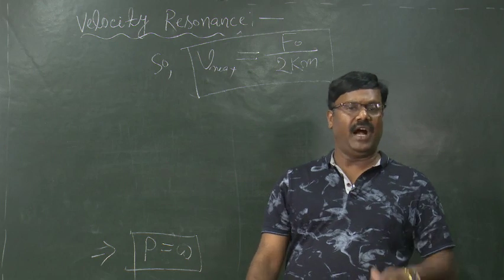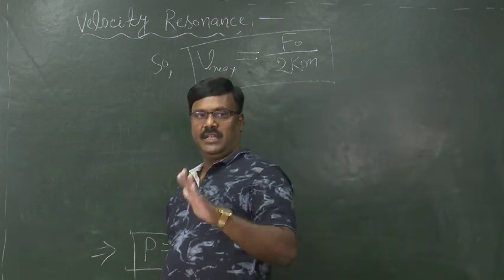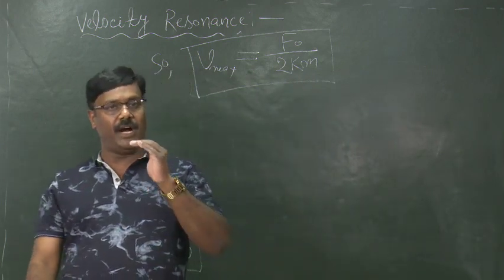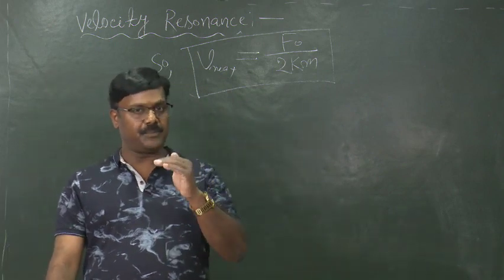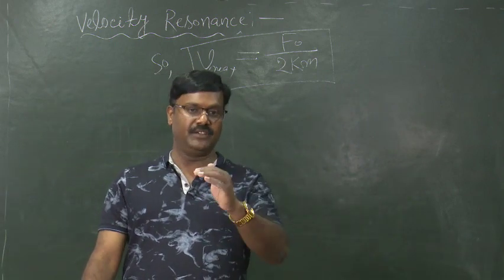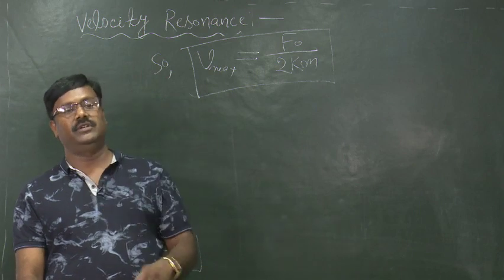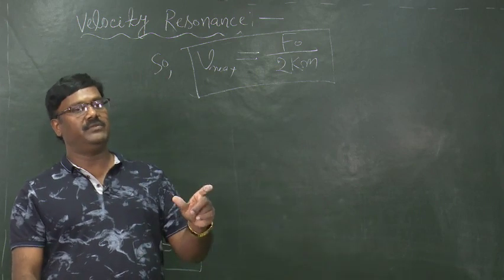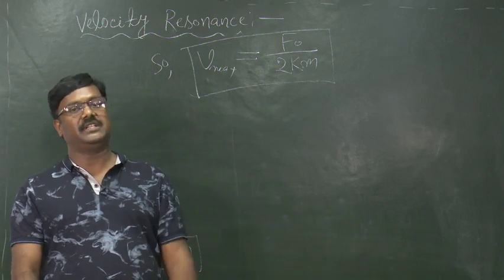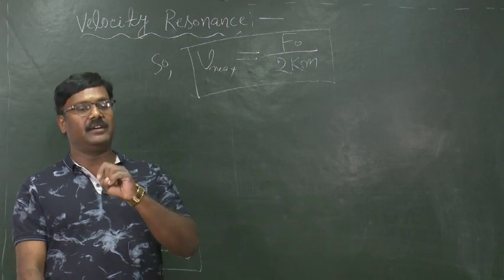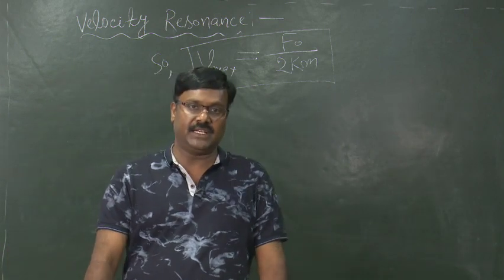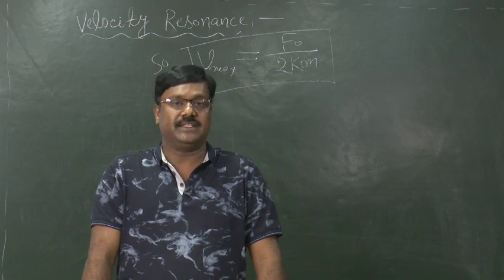Now, as we are discussing resonance, amplitude resonance, sharpness of resonance, velocity resonance, we have also calculated frequency resonance and time period at resonance. One term remained, that is phase.